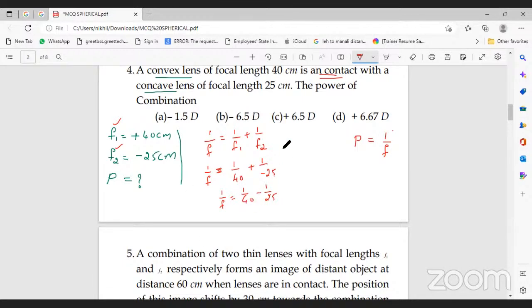You simplify this. 1 by F equals, between 40 and 25, the LCM will be 200, right? 5 minus 8 by 200, sir. So 5 minus 8 will come.